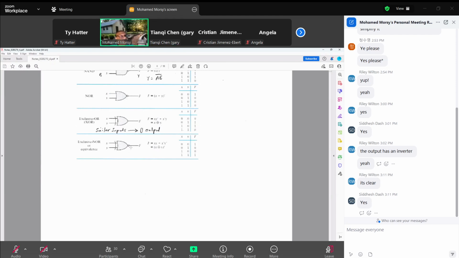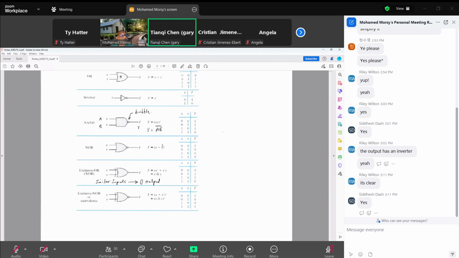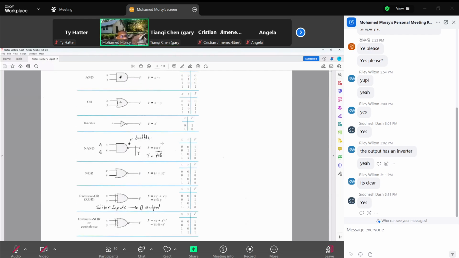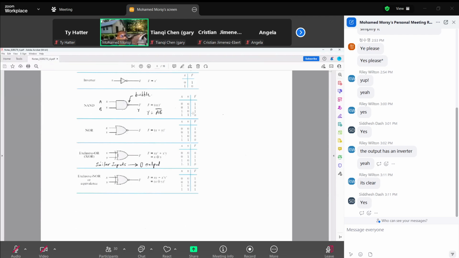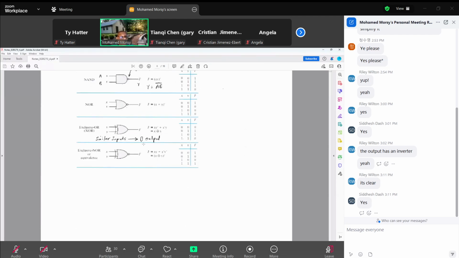This is exclusive NOR. Oh, sorry, I made a mistake about the function. Never mind. No, each gate has a different function. Any one of these gates has a different function. Maybe one or two lines are the same, but never everything. That's why we use them for different stages in the design.